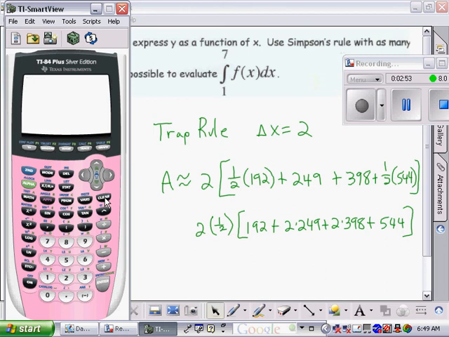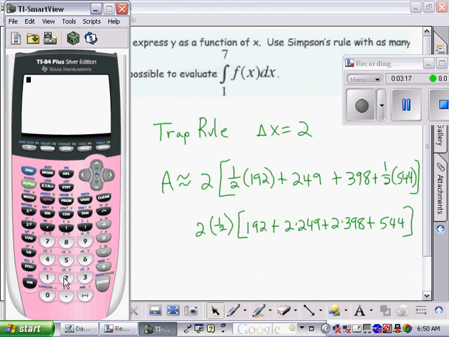If I take this 1/2 and put it in the parentheses, I distribute it to the 1/2 times 2, so I don't have a number to multiply the middle 2 numbers by, and then distribute the 1/2 to the 544. There's always a 1/2 somewhere, whether it be outside or inside those parentheses, it doesn't really matter.